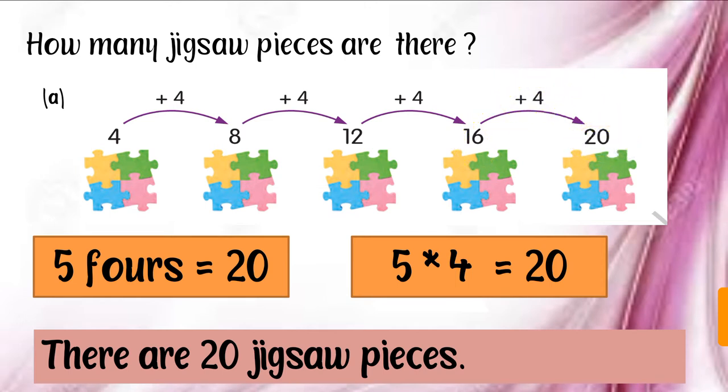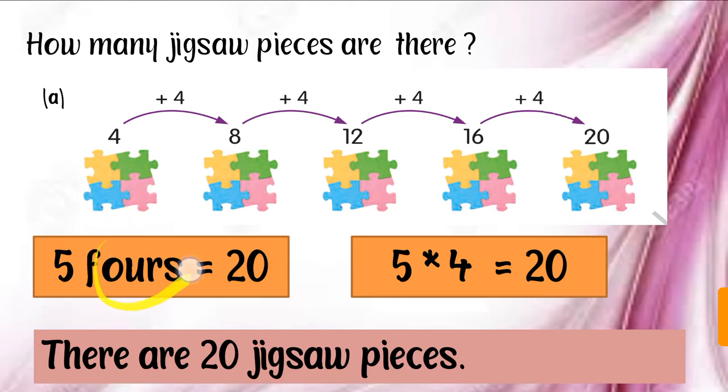So we can say that 4 plus 4 together is 8, then 12, then 16 and then 20. So we can say that 5 fours, because 5 groups are here. First we have to write down the group, and each group is having 4 jigsaw pieces.